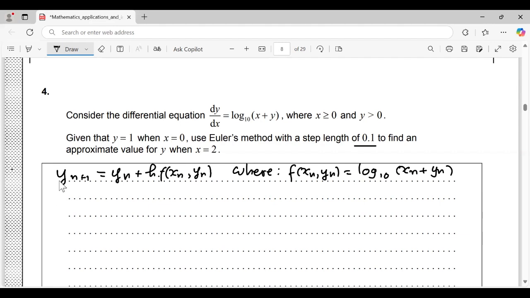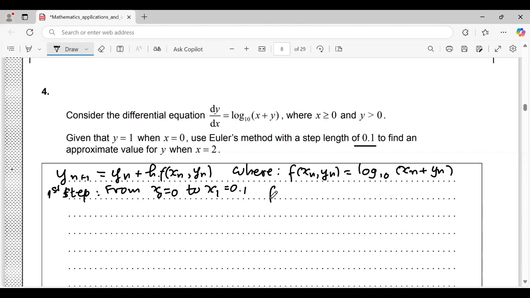Now, the first step, from x0 equals 0 to x1 equals 0.1, because the step length is 0.1, so 0 to 0.1.